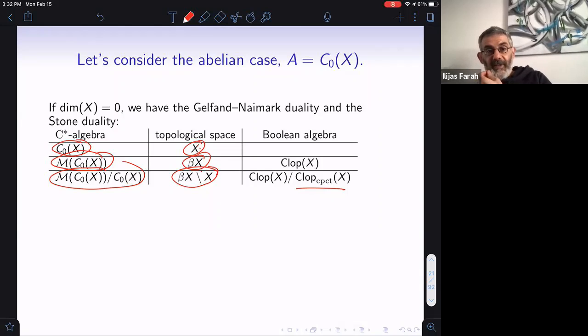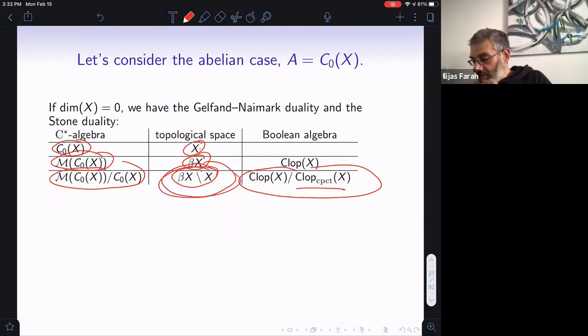So we have an equivalence of these three categories, and one can, when trying to understand automorphisms, look at any one of those categories. Right? If you have an automorphism of this Boolean algebra, it corresponds to an autohomeomorphism of the compact Hausdorff space, and autohomeomorphisms of compact Hausdorff spaces correspond to automorphisms of these C-star algebras.